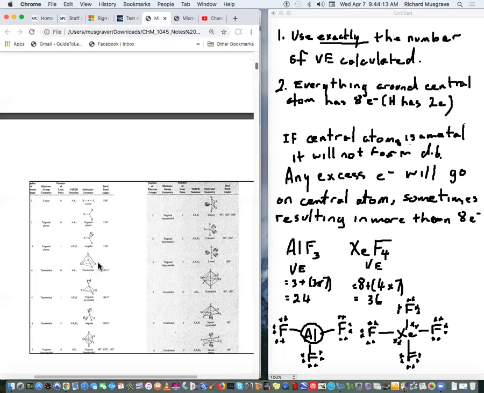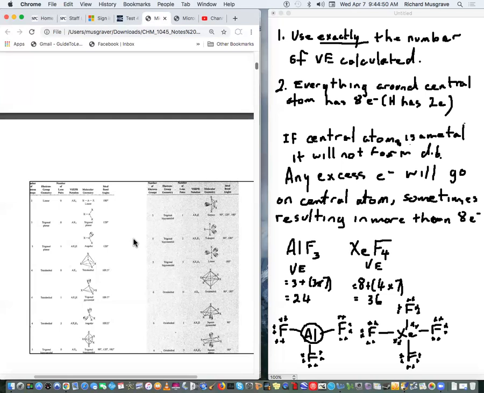We're going to talk about an overall shape, which takes into account all the electron groups, the atoms and the lone pairs. And then we're also going to talk about a shape of atoms, which is what the shape looks like if we ignore, in air quotes, the non-bonding electron pair. We're not really ignoring it, we're just not showing it so much. That's going to be what drives the molecular geometry here.